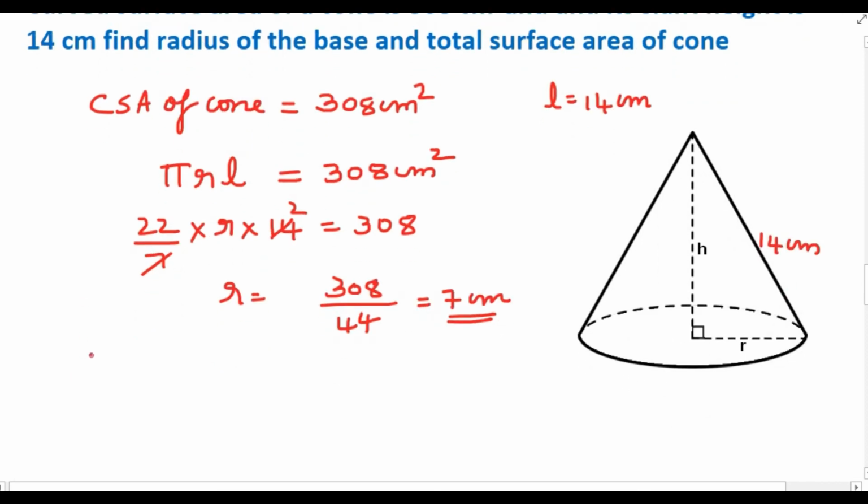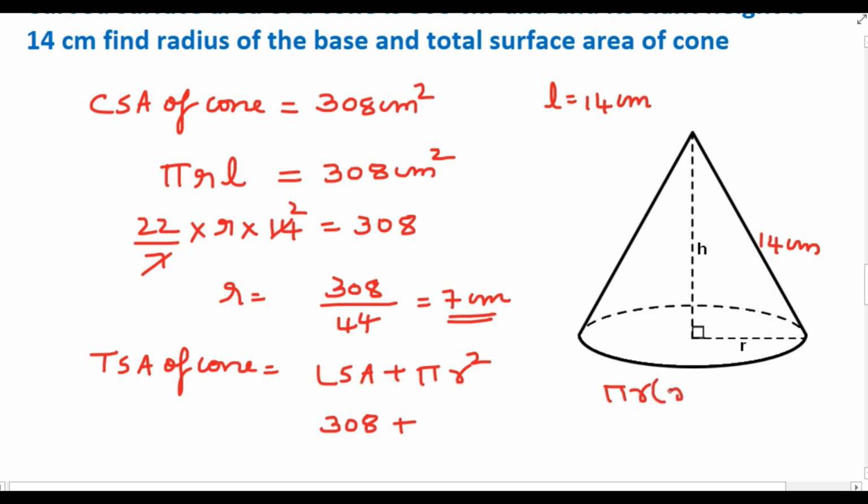Now the total surface area of the cone is equal to CSA plus pi r square. So CSA they have already given as 308. Or you can even use the formula pi r into r plus L. Since they have already given pi r L, I have substituted 308.